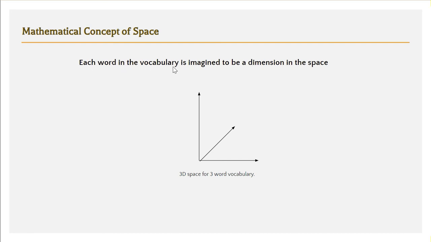Each word in the vocabulary is imagined to be a dimension in space. Let us suppose a human knows only 3 words in a particular language. Then each word which he knows is one dimension. Let us suppose he writes a blog post with a combination of 2 words out of the 3 words which he knows, then that blog post will fall into this plane.